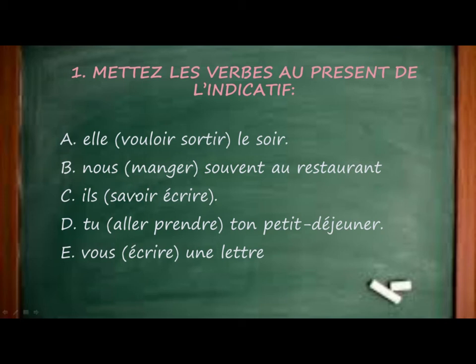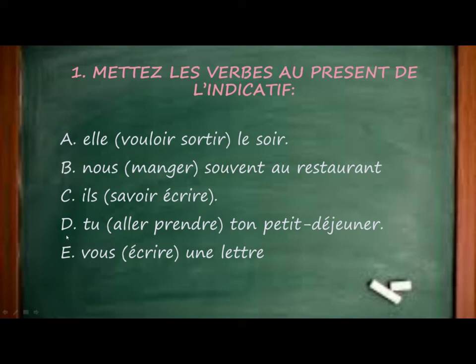If you would like to say they know how to write, okay, so ils savent écrire, S-A-V-E-N-T. Ils savent écrire. They know how to write. Right? So no need to add comment. I can straight away write the verb in infinitive form.